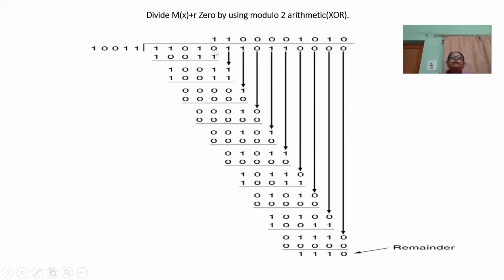The XOR gives 01. If either bit is 1, the output will be 1. If both inputs are 1, the output will be 0. If both inputs are 0, the output will be 0. If either input is 1, it is 1. And bring down the left bit.